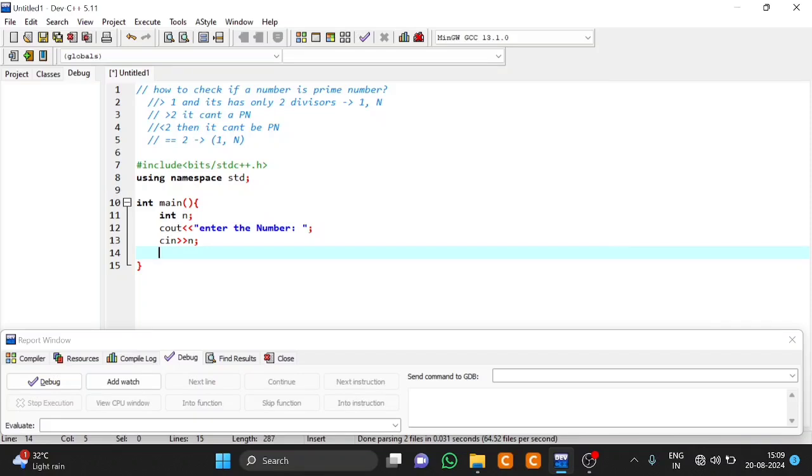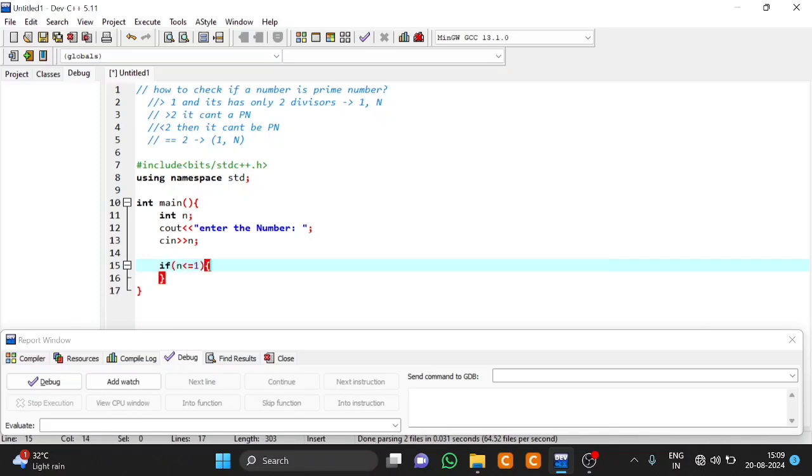Now we write the first condition: if n is less than or equal to 1. Why? Because 1 cannot be a prime number, since it has only one divisor.